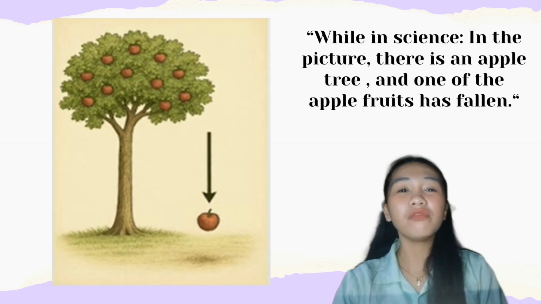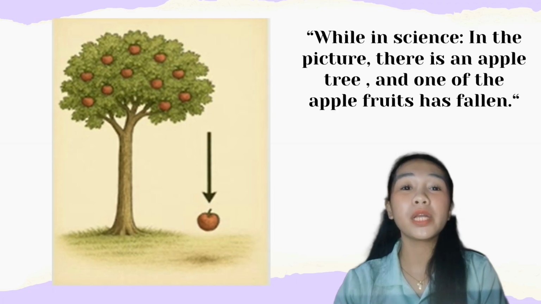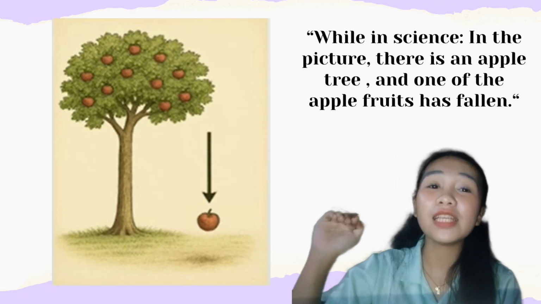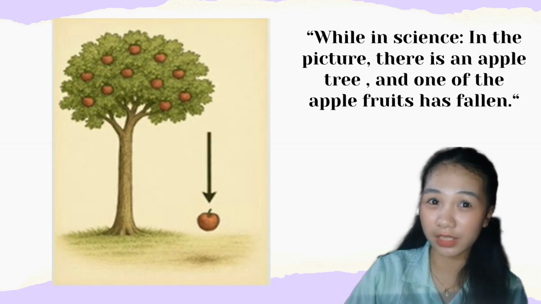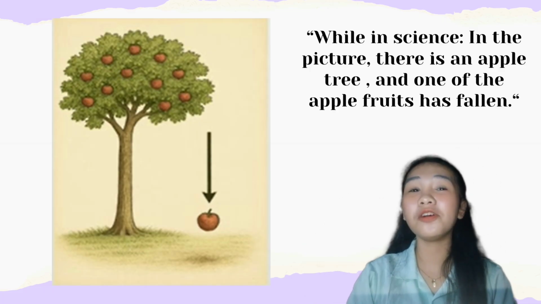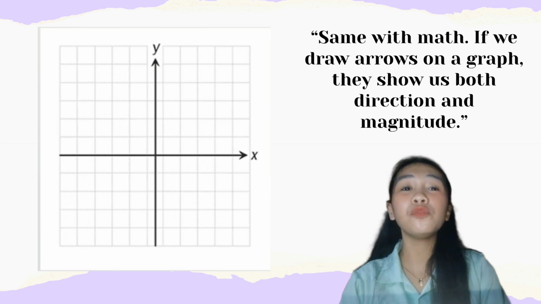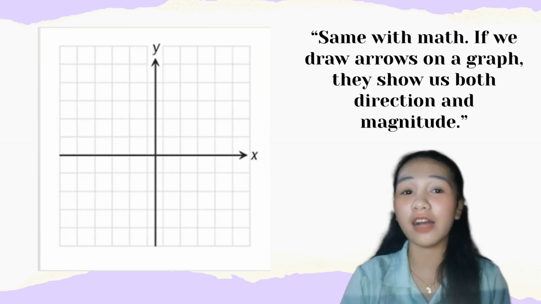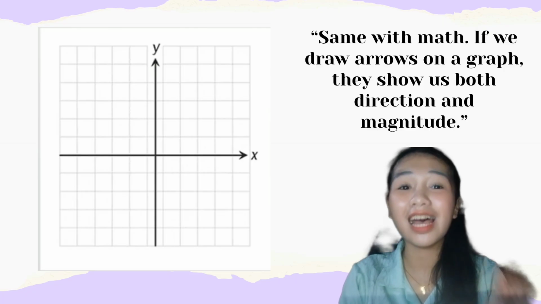But to understand it better, the direction of the apple is downward because of the arrow facing down, which is an example of a vector. Also, in another math example, if we draw arrows on a graph, they show us both direction and magnitude.